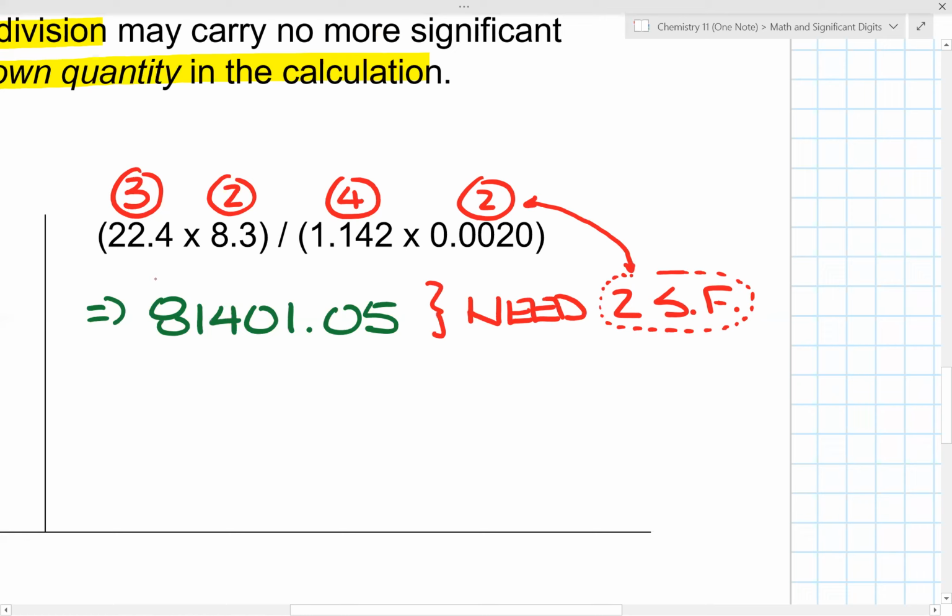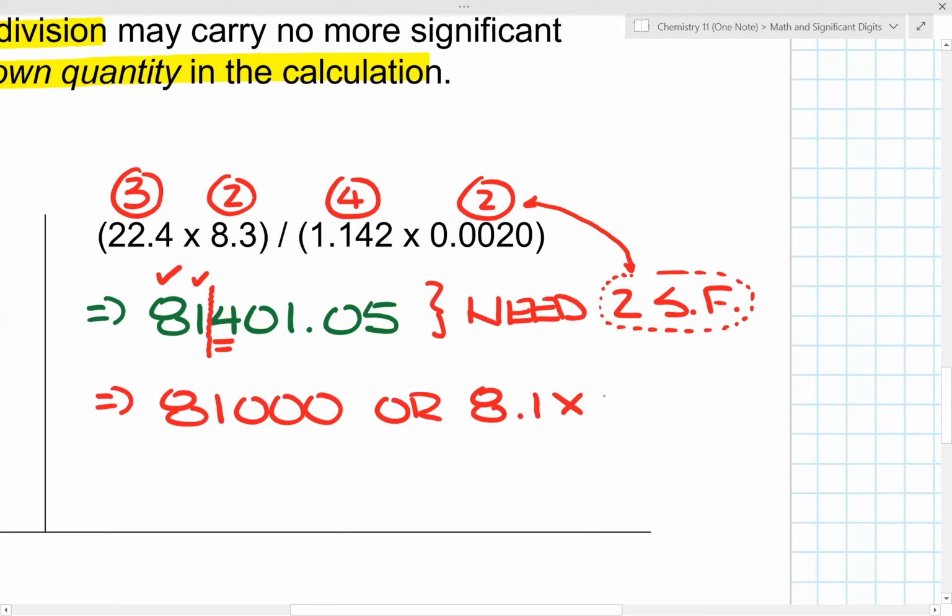You start with the left, 1, 2. And then what you do with the 4 afterwards is you round down. So what you would have is 81,000 or 8.1 times 10 to the 4.